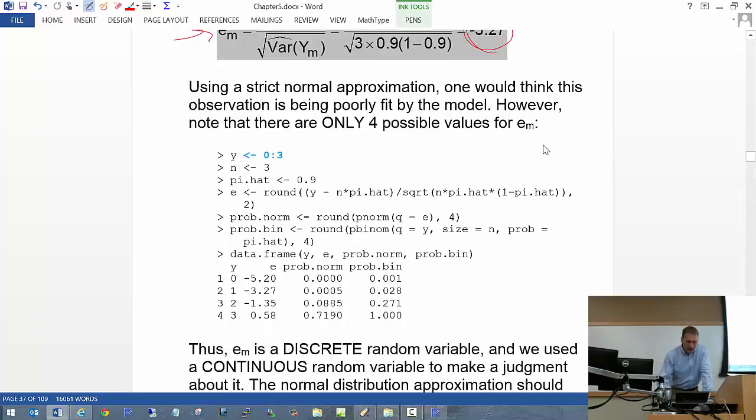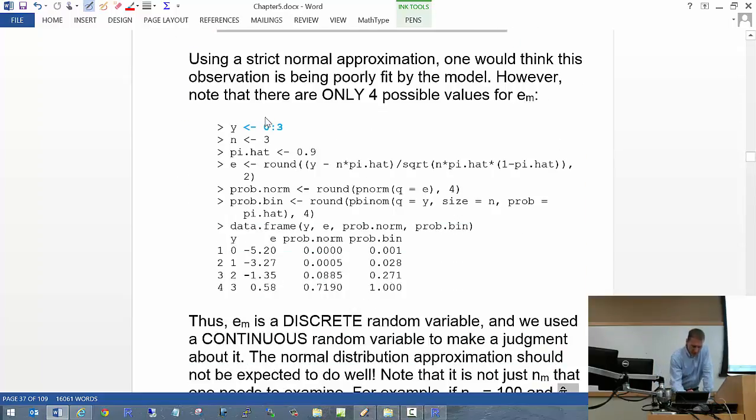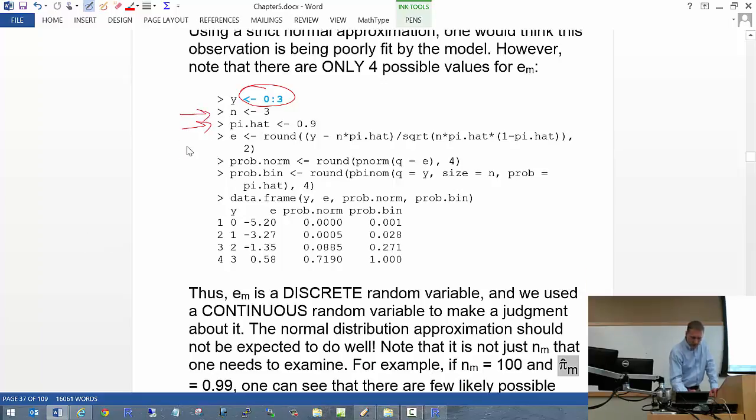Just to show you what can happen, please note there was a small typo in the notes: the minus sign was separated from the greater than sign. Let's look at what the probability distributions are for this case and actually write them out. Let's say pi hat is 0.9 and n is 3. I'm going to calculate the Pearson residual for all possible values of y.